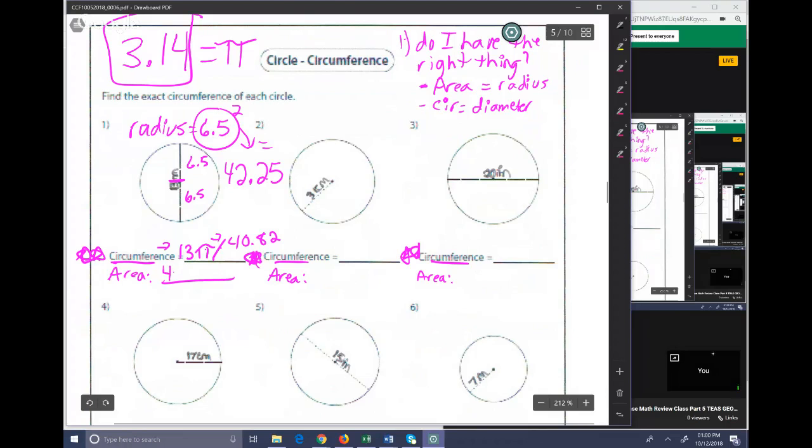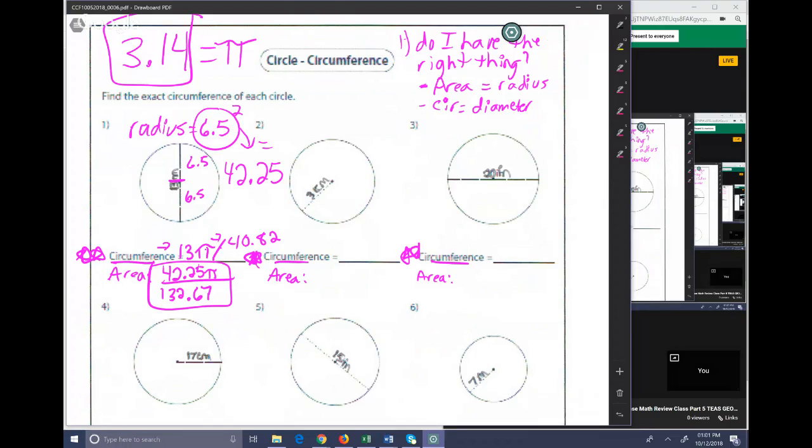So our answer could be 42.25 pi. Or they could end up multiplying pi. So you're going to take times 3.14, and that would make this area 132.67. So your two possible answers there are 42.25 pi or 132.67.